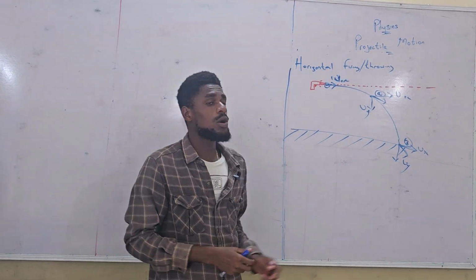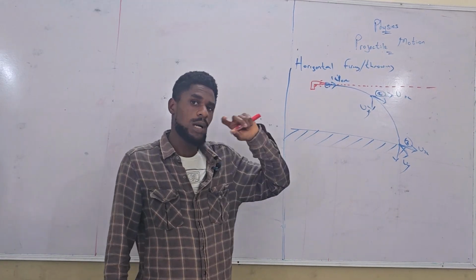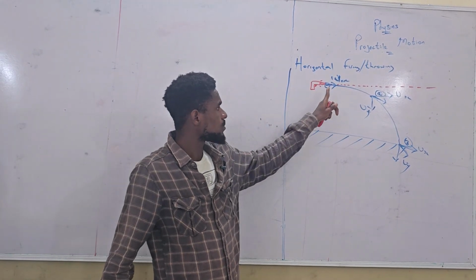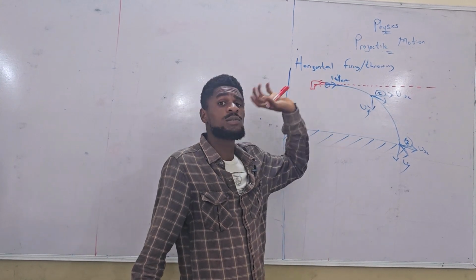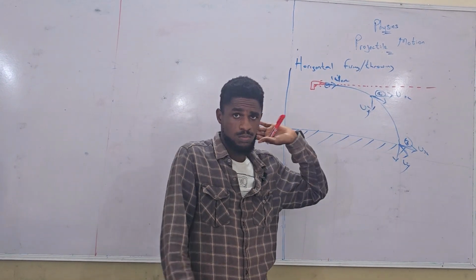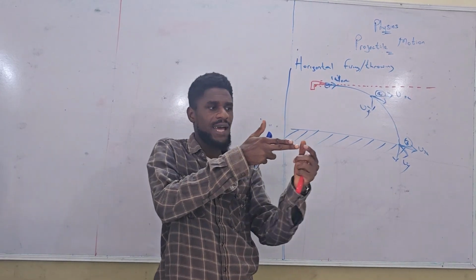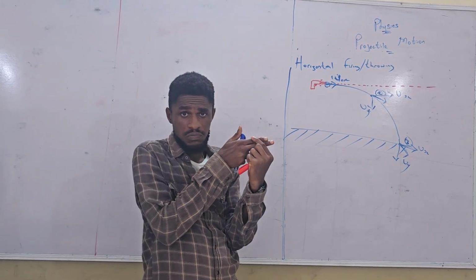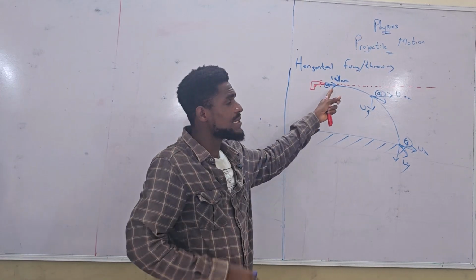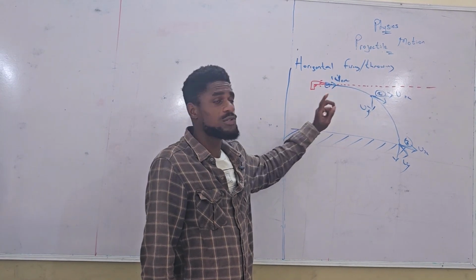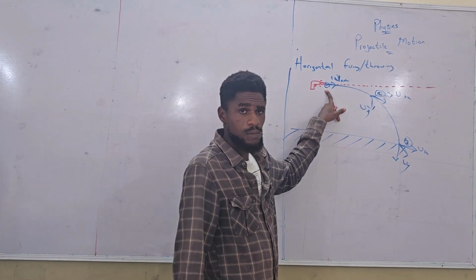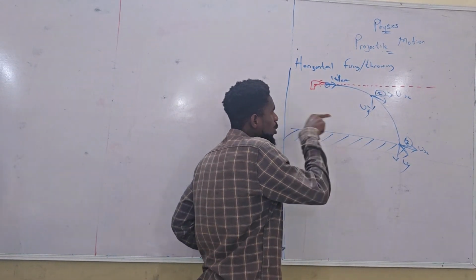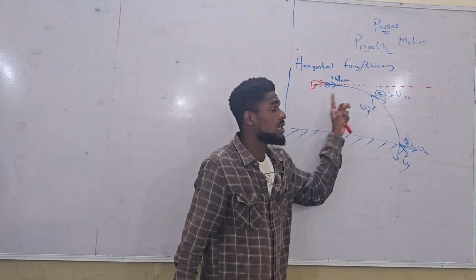What conclusions can we come to at this particular point? When we fire something purely horizontally, like the gun, what can we deduce? At point 1, I only have a velocity in x.